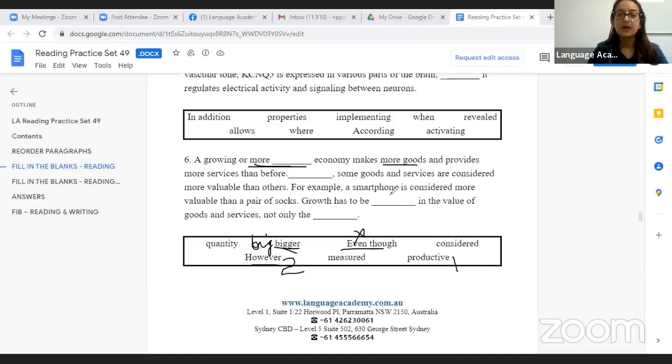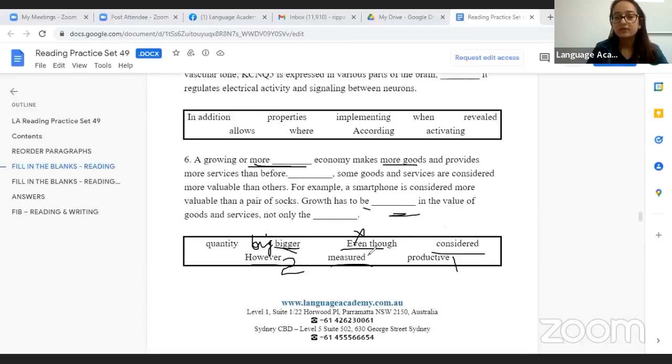For example, a smartphone is considered more valuable than a pair of socks. Growth has to be dashed in the value of goods and services. So after be comes the ed form, growth has to be considered in the form of, growth has to be measured in the form of. So we are talking about growth of economy and we measure the growth of economy in terms of gross domestic product, national domestic product, national income.